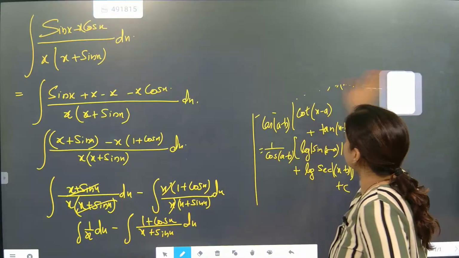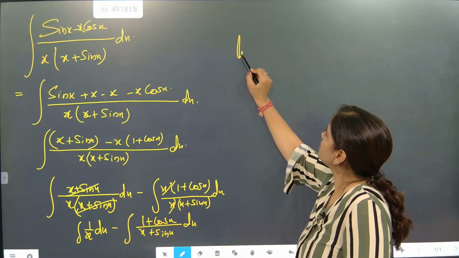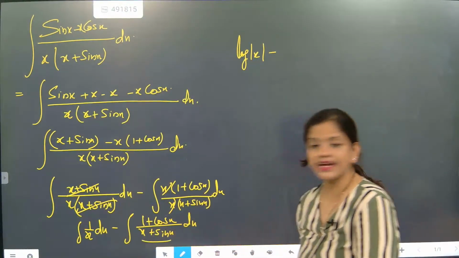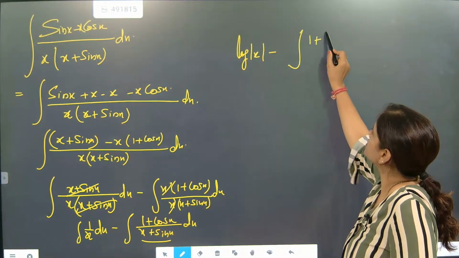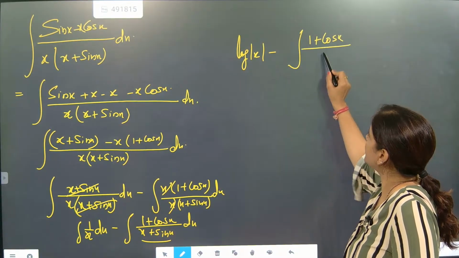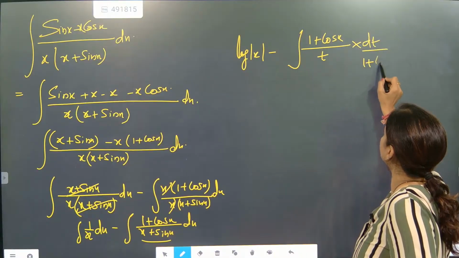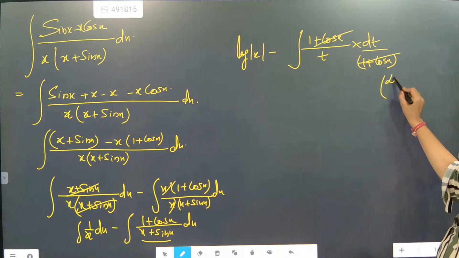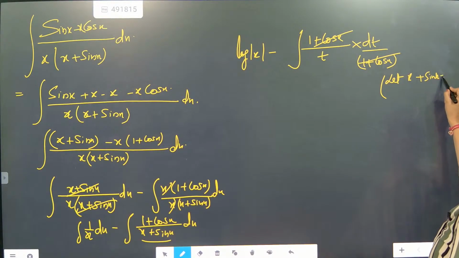Now look at it. Here it will come log of x minus this part, if you take it as t. So it will become 1 plus cos x by t into dt by 1 plus cos x, which cancels. Why? Because let x plus sin x equal t.